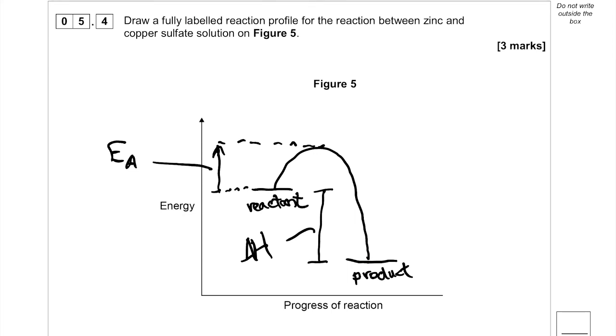So that's it, basically. You can't add more to this aside from adding the actual reaction equation, but I don't think that matters in this context. So as long as you label the activation energy and the delta H, then your profile should be completely labeled.